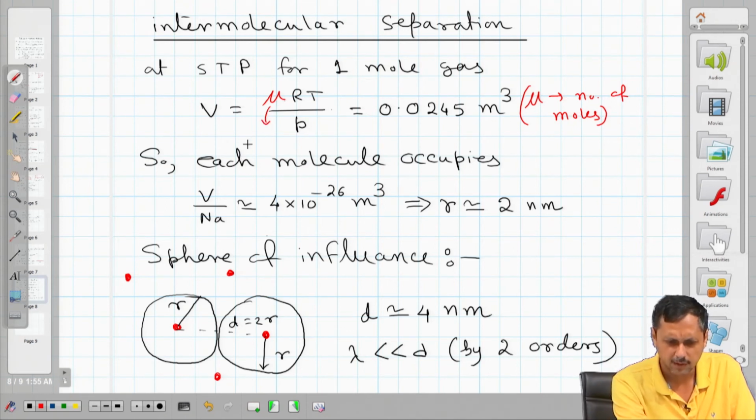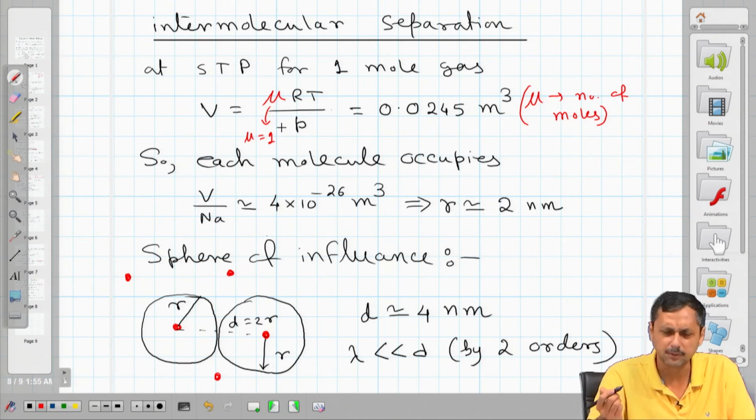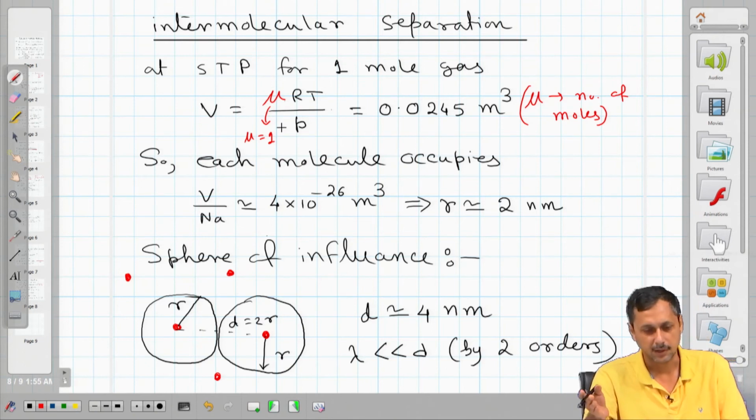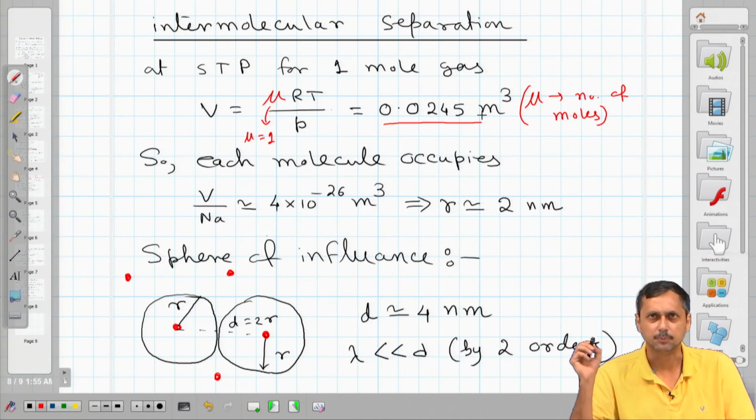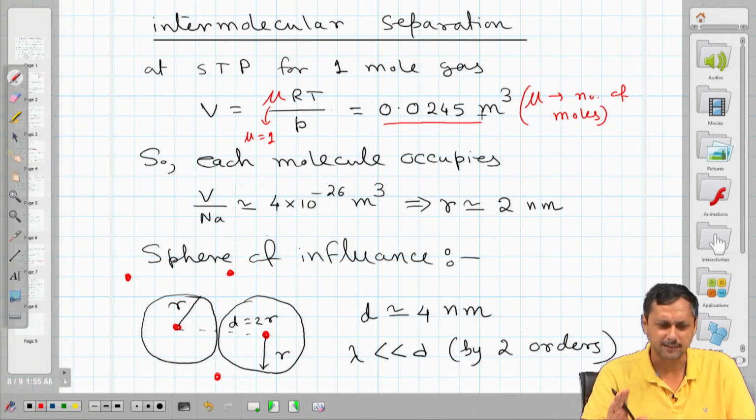So, in this case mu is equal to 1 and R is equal to the universal gas constant, T is equal to 273 and P is equal to 1 atmosphere pressure, which is already given many times. So, we have V is equal to 0.0245 meter cube. This is the standard volume for an ideal gas at STP.